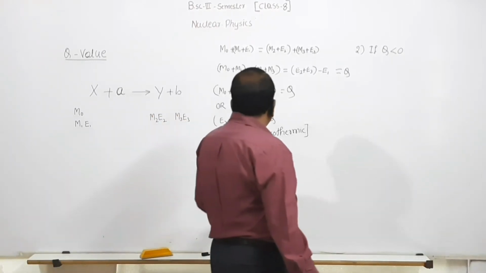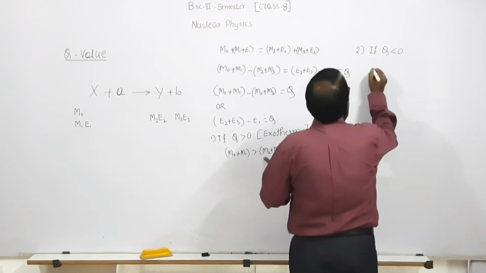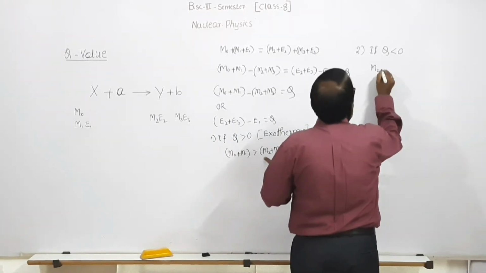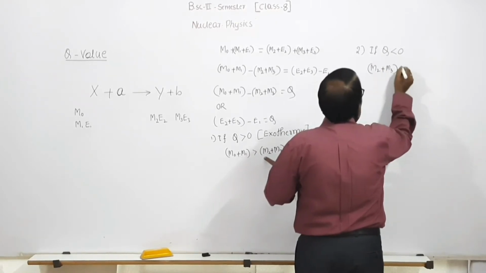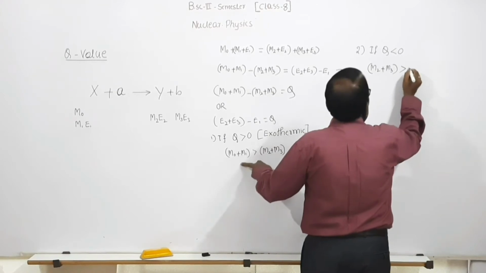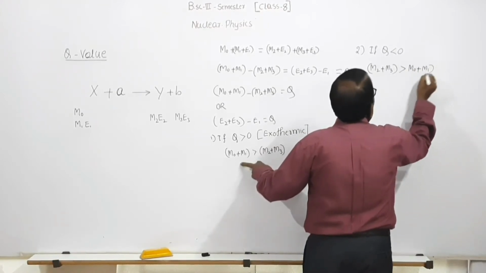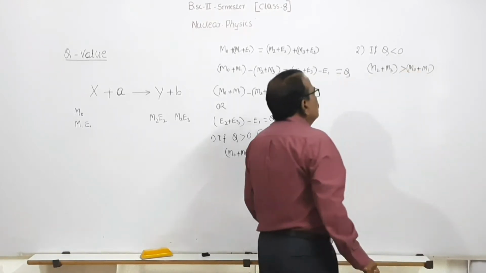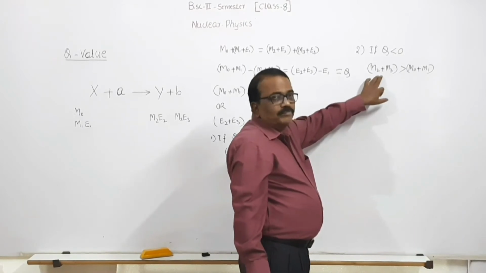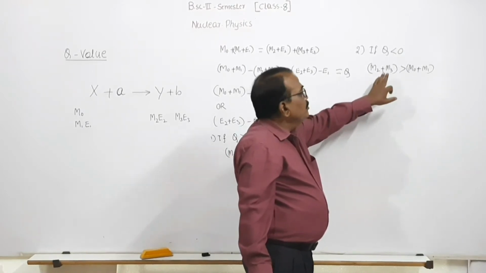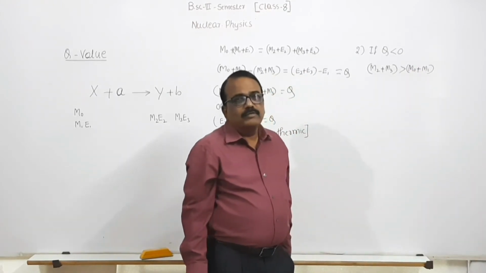If it is an endothermic reaction, here m2 plus m3 is greater than m0 plus m1, meaning the mass of the products is more than the mass of the reactants.